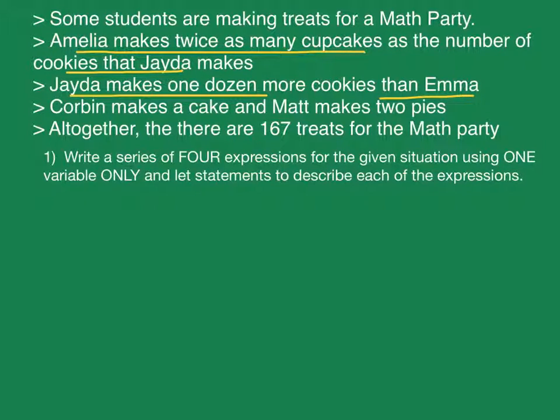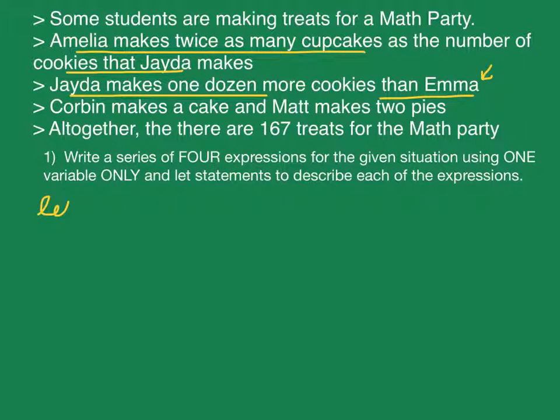So we're going to leave Corbin and Matt's number of treats aside for now and focus on Amelia, Jada, and Emma. So who's the first person we need to know in order to solve any of these? Amelia's depends on Jada's, and Jada's depends on Emma's. So the first person we should be starting with is Emma.